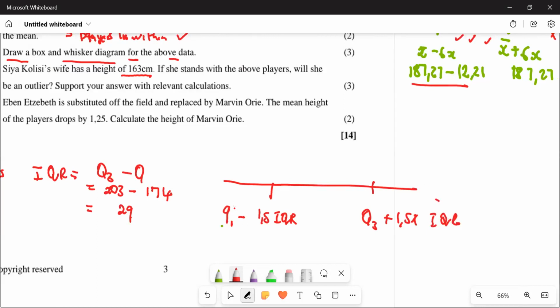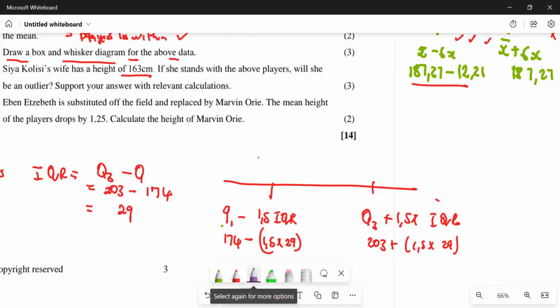Your Q1 is 174 minus 1.5 multiplied by 29, and here you have 203 plus 1.5 multiplied by 29.